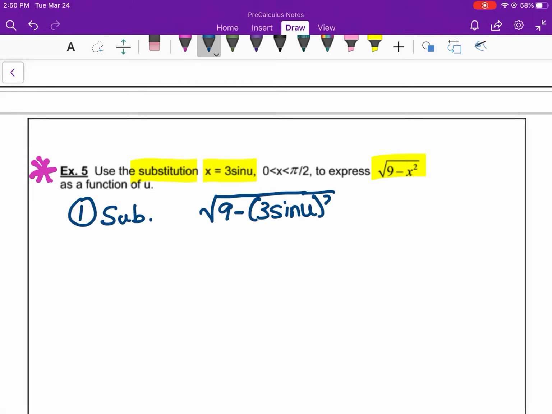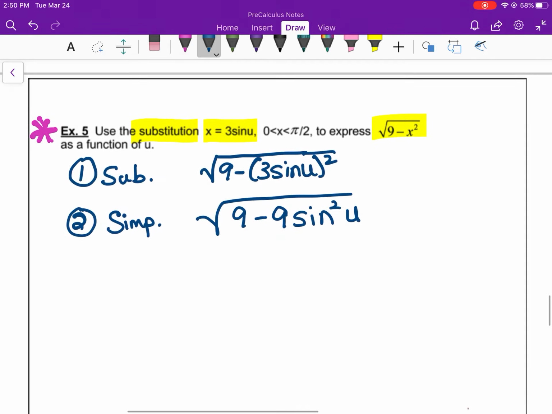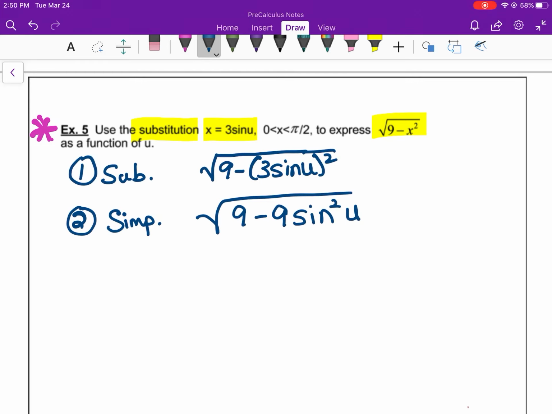Now you're squaring the whole quantity 3 sine of u. The next step is to simplify. So both the 3 and the sine get squared. Then we're going to factor.